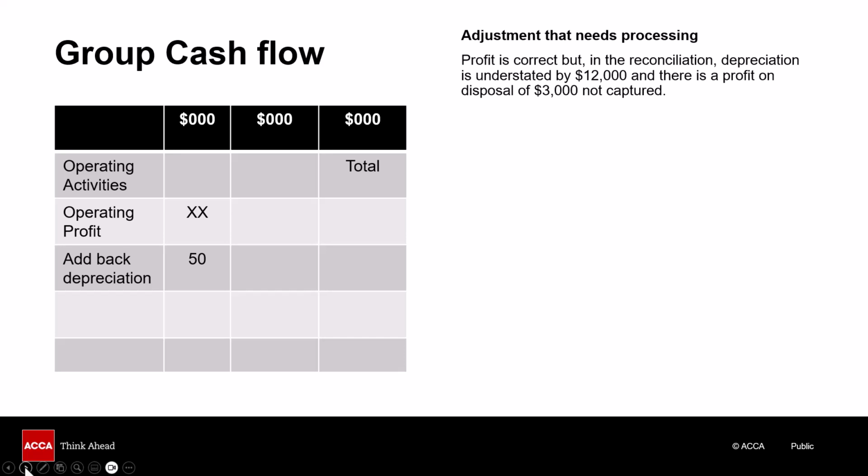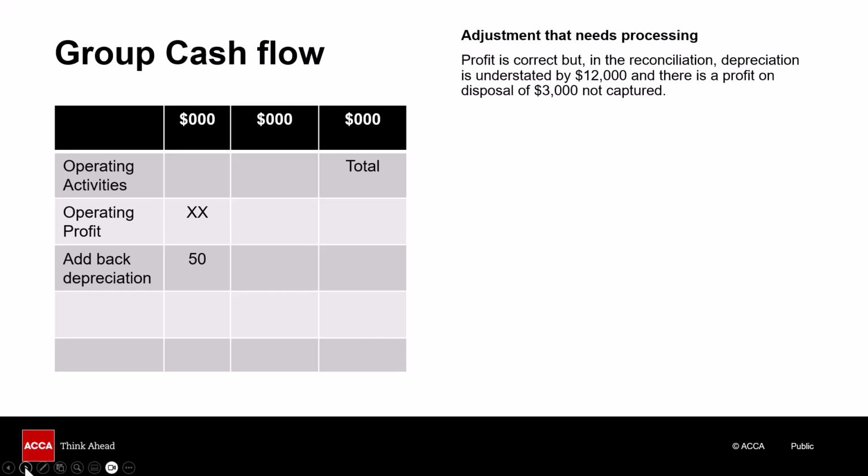Now we've already got depreciation of 50, so perhaps there's been a fair value adjustment and additional depreciation of 12 hasn't been processed, hasn't been dealt with. What I'm wanting to do is add back that additional depreciation, because depreciation has caused the profit to go down but not caused the cash to go down. It's not a cash outflow.